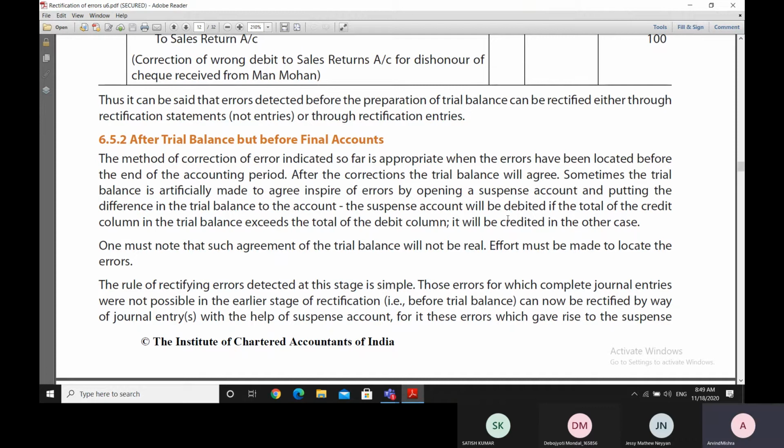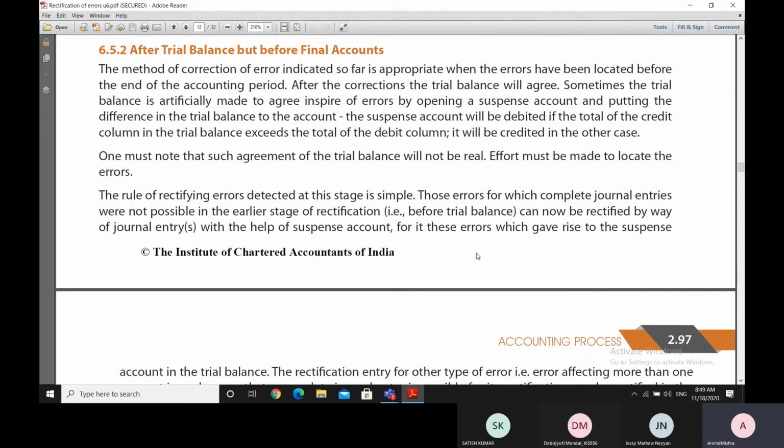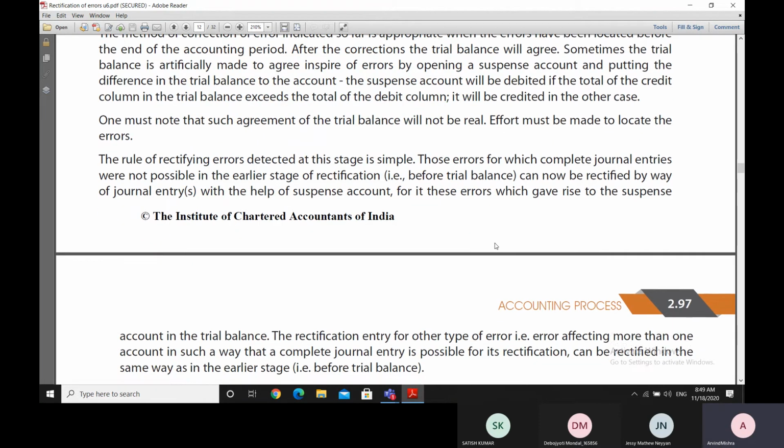However, this is just an unreal, artificial way of making the trial balance agree. Therefore, it will be necessary to find out the errors, and at a later stage, we need to make entries to correct those errors. In that case, we need to take the entries out of the suspense account and square up the suspense account gradually, when we find the reason for the difference in the trial balance.